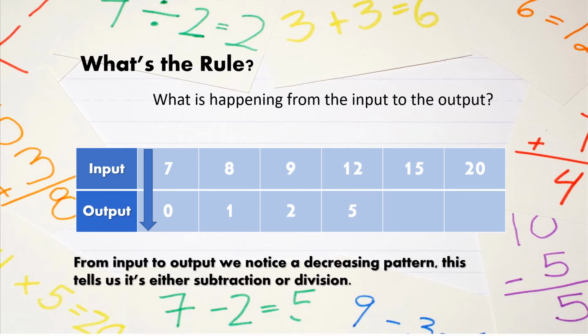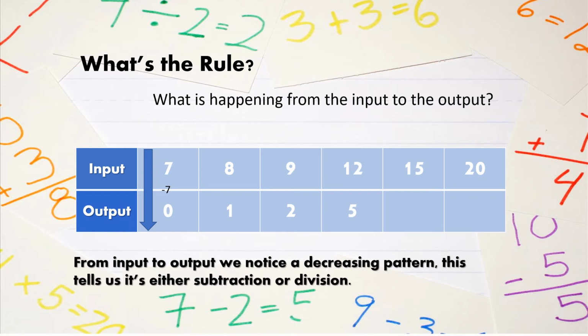So to get from 7 to 0, what would you have to do? Well, we'd have to subtract 7. 7 minus 7 is 0. Now, what would happen if we went to the next input-output area?